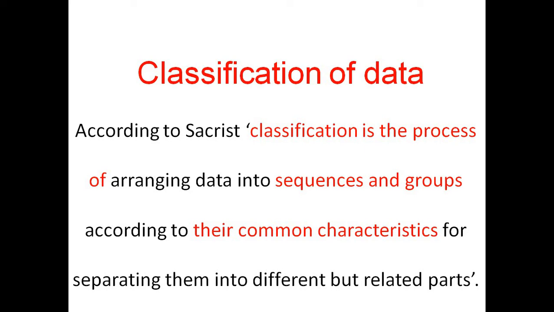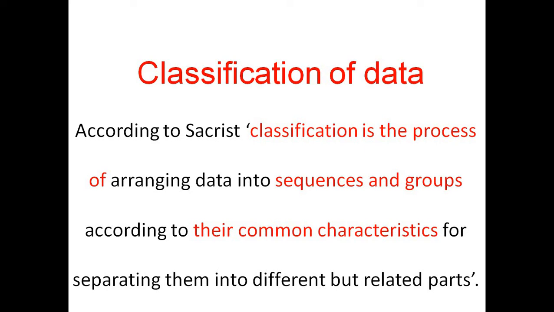This definition of classification of data gives us the basic idea that we will have to condense the data in such a form. That is the process of classification of data: arranging the data into sequences and groups according to their common characteristics, isn't it?